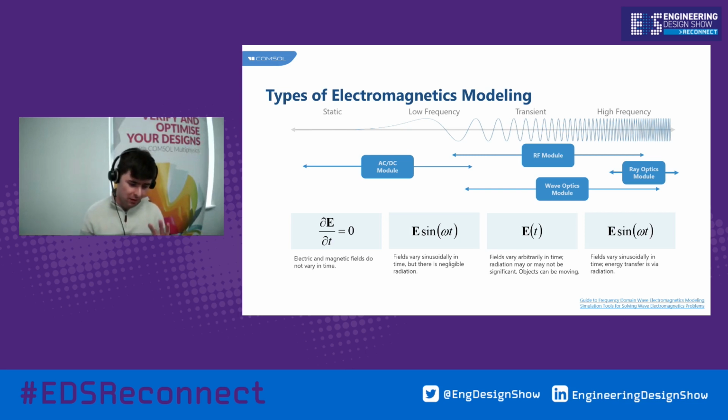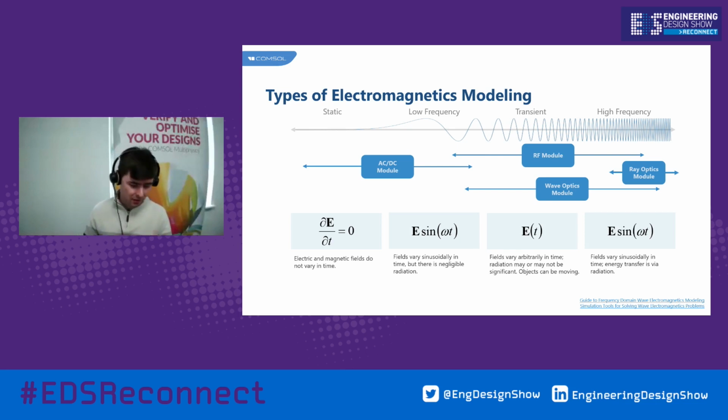So starting from very low frequency effects, either stationary like DC currents or low frequency AC currents, up through the sort of RF range where we get radiative effects and radiation becoming important, and all the way up to optics and even ray-based optics on the scale of rooms or larger. And there are different tools within COMSOL to work in these different frequency regimes.